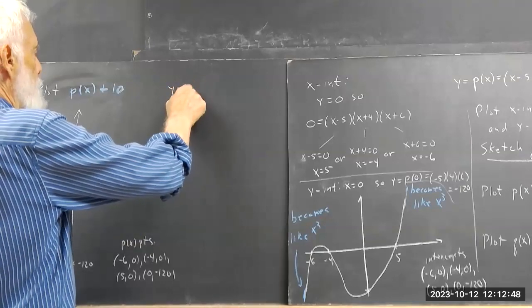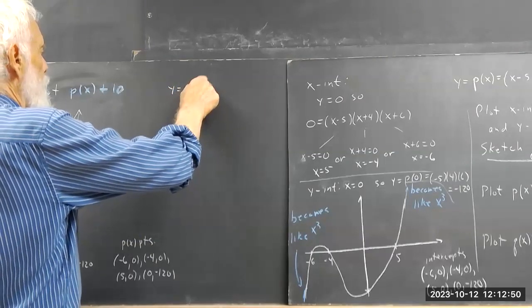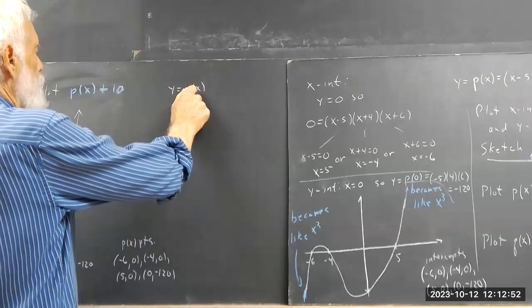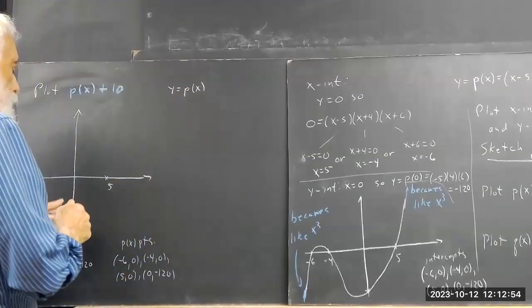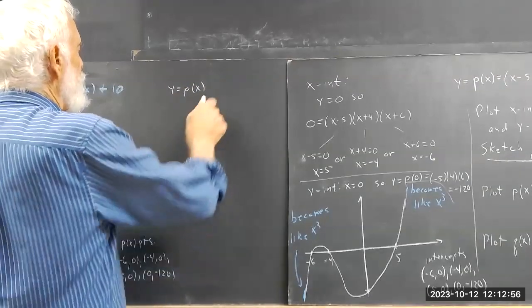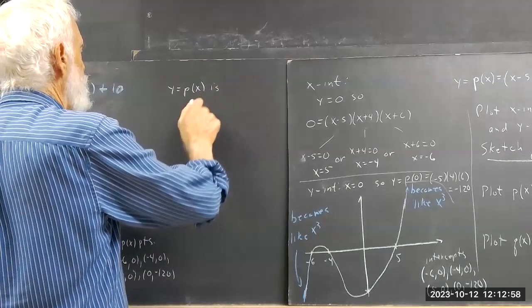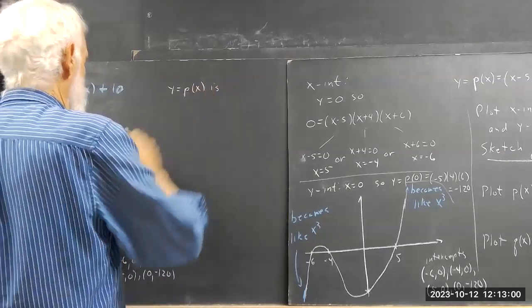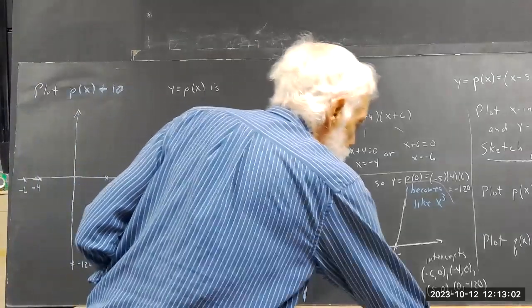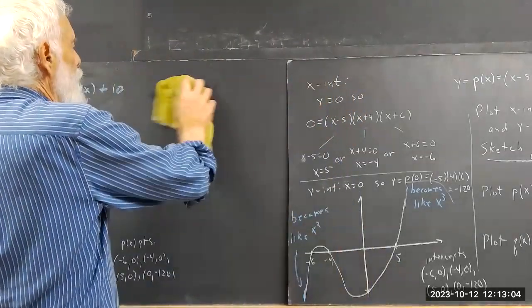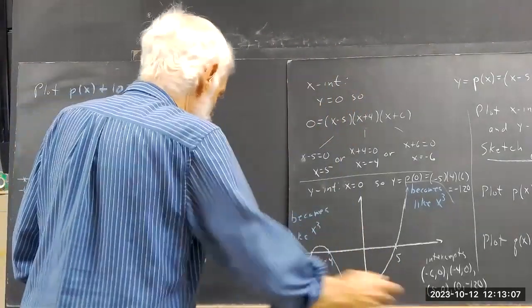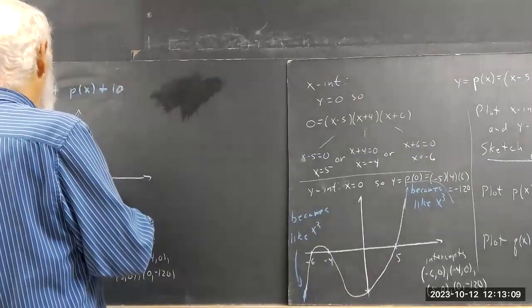Y equals P of X. All right, I'm thinking twice too many times.